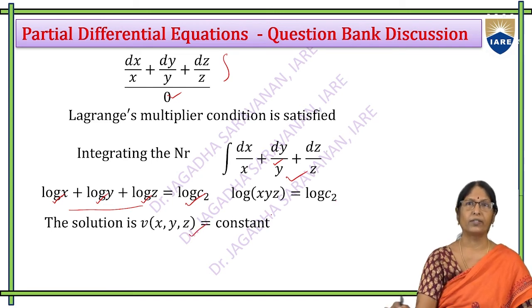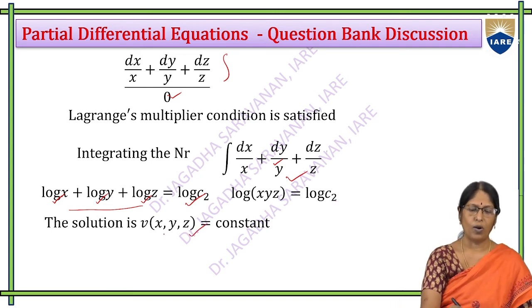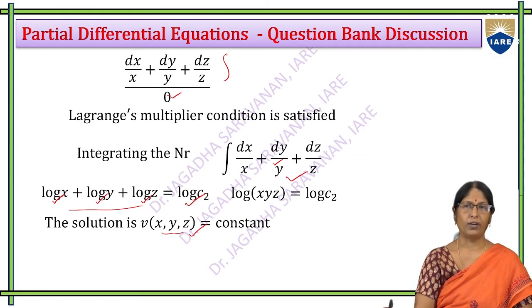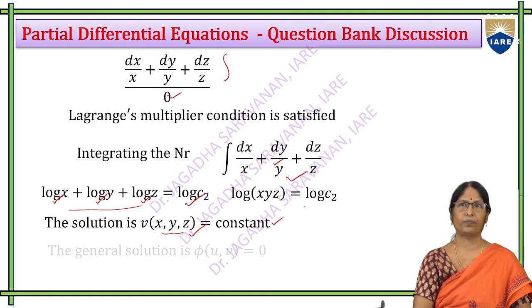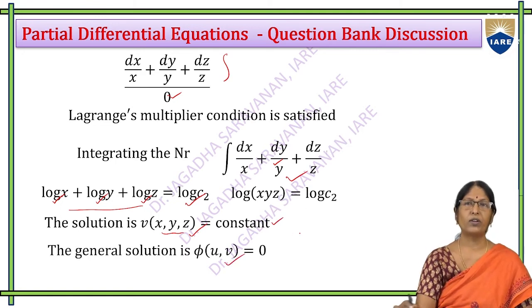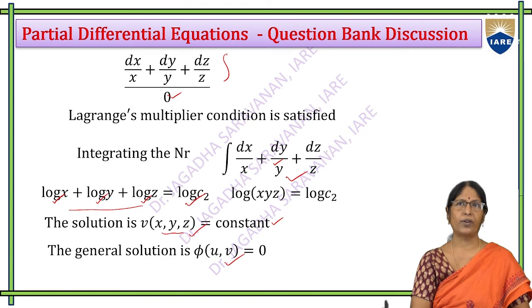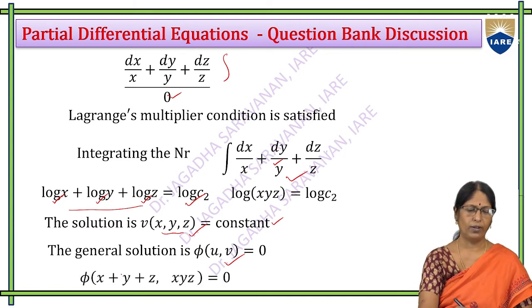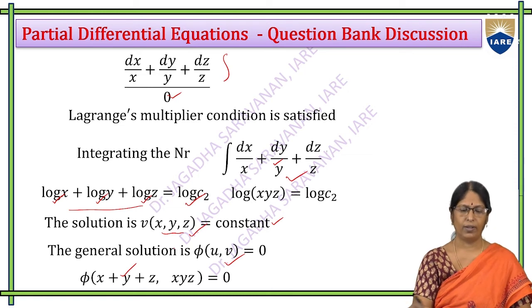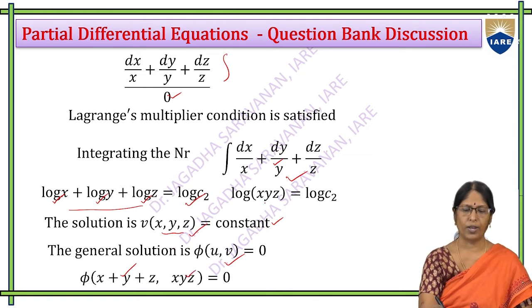Here the solution is v of all three members participating, x comma y comma z, equal to constant. So the general solution is pi of u comma v equal to 0. So this is Lagrange's multiplier. Taking our question bank problem, we solved it. This is the first solution, and this is the second solution that we obtained here.